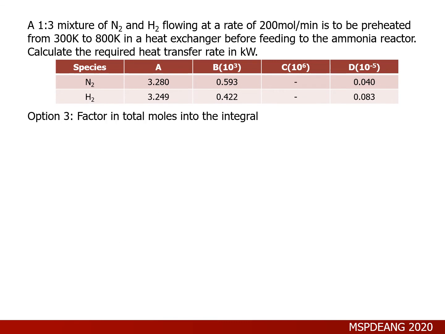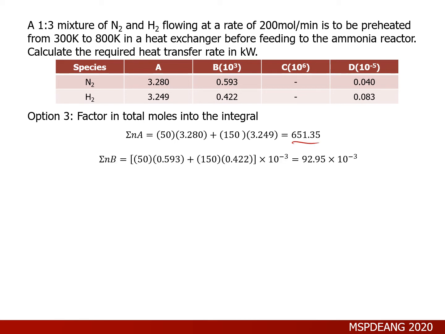Okay, now, last but definitely not the least, is to factor in the total moles into the integral. So, calculate natin summation of Na, Nd, and so on. So, the summation of Na is equal to the moles of N2, which is 50. Nakamultiply na siya. 200 times 1/4. So, ito yung moles of N2 times A of N2 plus moles of H2 times A of H2, which will give us summation of Na here.